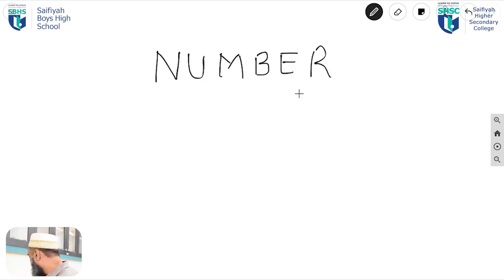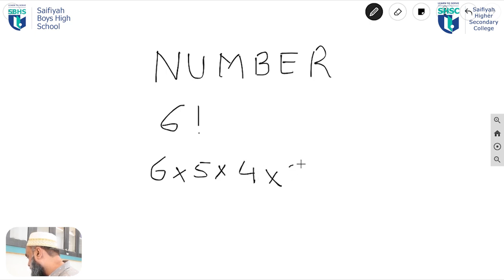My next question is how many ways we can arrange the letters in the word NUMBER. As you can see, there are 6 letters in the word NUMBER and all are different. So the answer of course would be 6 factorial, or we can write this as 6 multiplied by 5 multiplied by 4 multiplied by 3 multiplied by 2, and of course multiplied by 1.